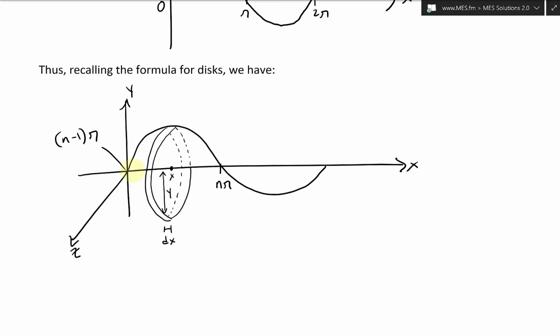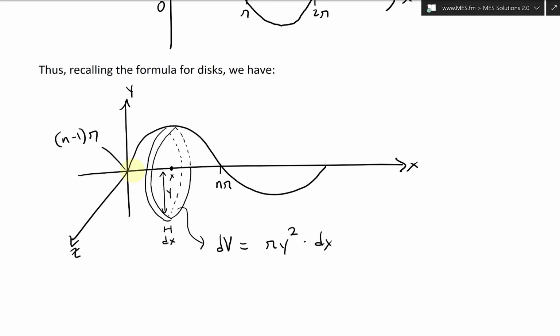So with thickness dx, this volume, this full volume dV, we'll call this slice, that disk, is equal to pi r squared, where y is r, so pi y squared times dx, the thickness.